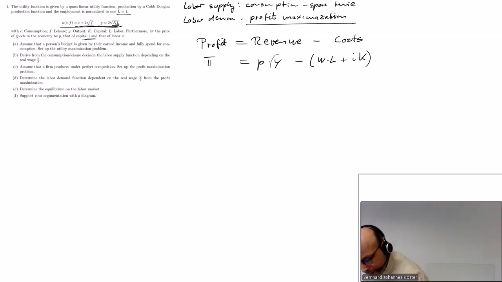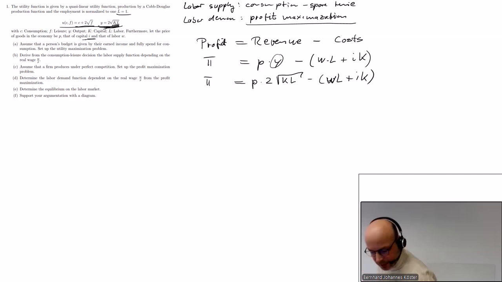Then output is explicitly given. So I have profit equals P times 2 times the square root of K and L, minus WL, plus IK. And now from this profit function I want to derive the labor demand.